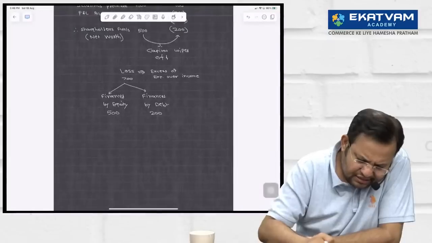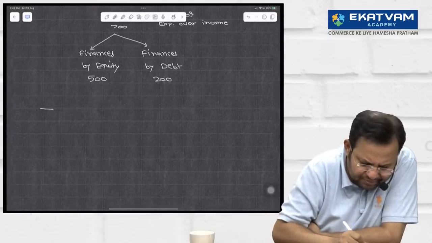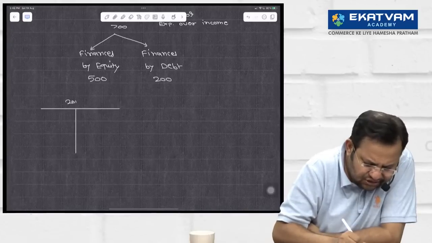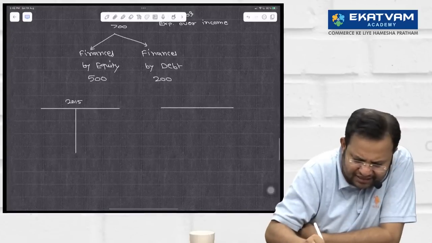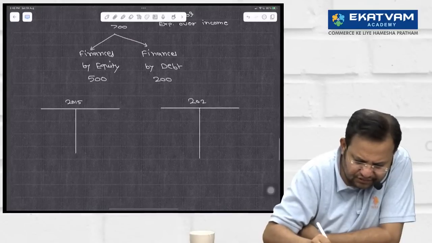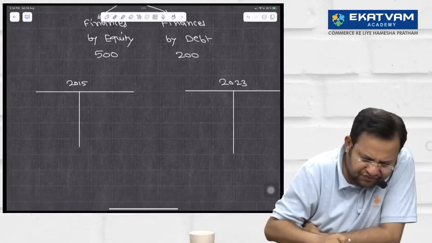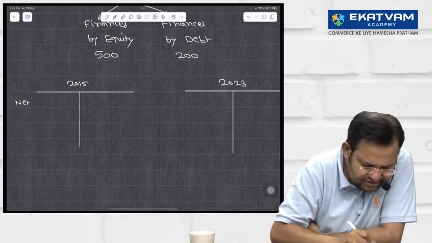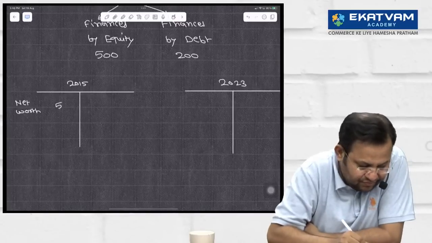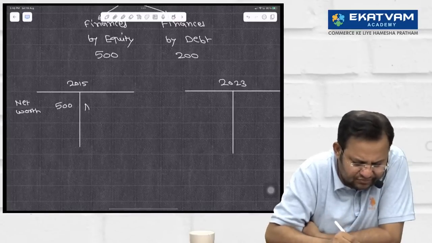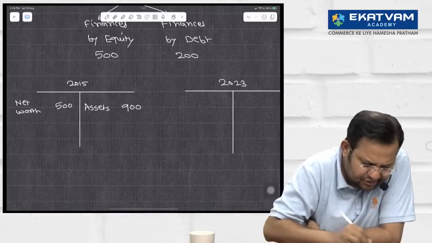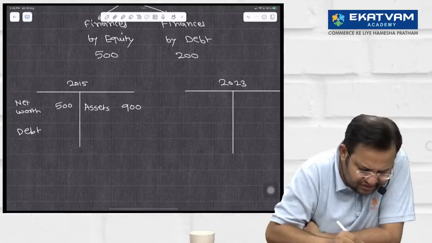So, what I'm trying to explain to you people is, look at this T-form balance sheet in 2015 and the structure of that balance sheet in 2023. In 2015, your net worth was how much? 500 positive. Let us say at that time your assets were 900 because you had taken a debt of 400.